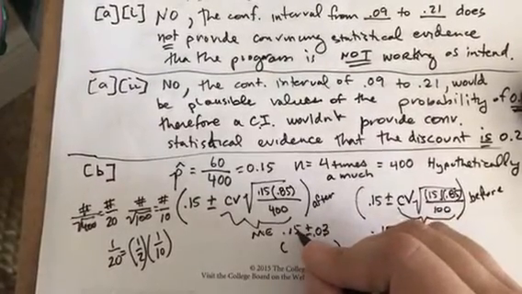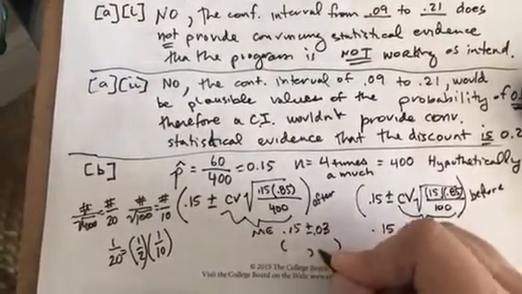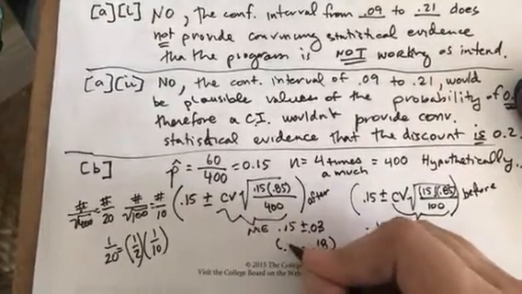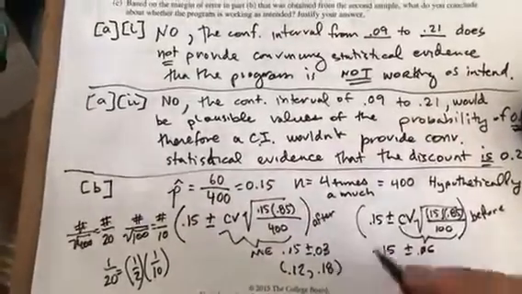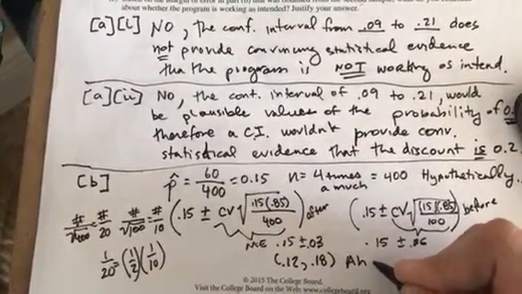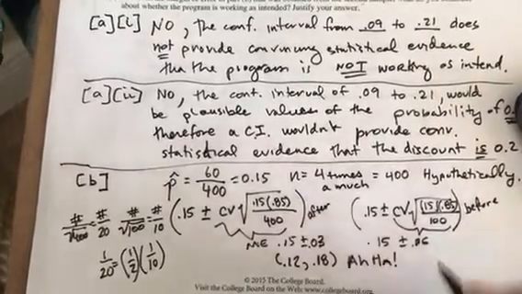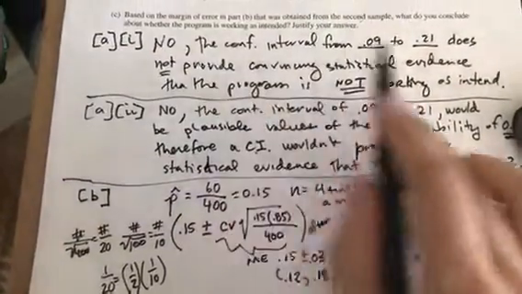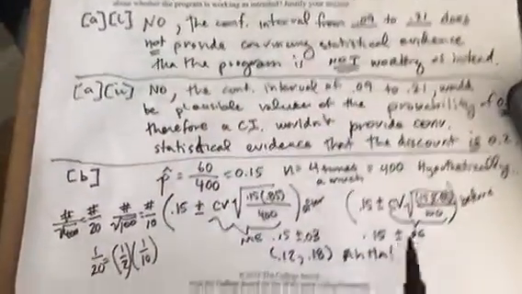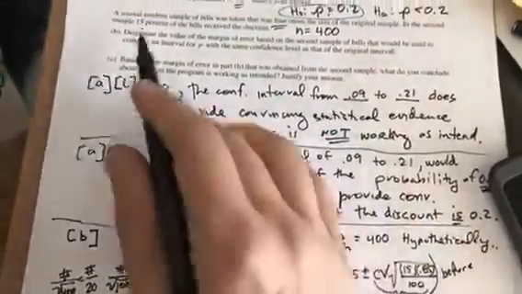So it'd be 0.15 plus 0.03, which would be 0.18, and minus 0.03, which would be 0.12, and aha! Notice I got new circumstances. So by increasing the n, it looks like I did detect some good stuff that I was looking for.